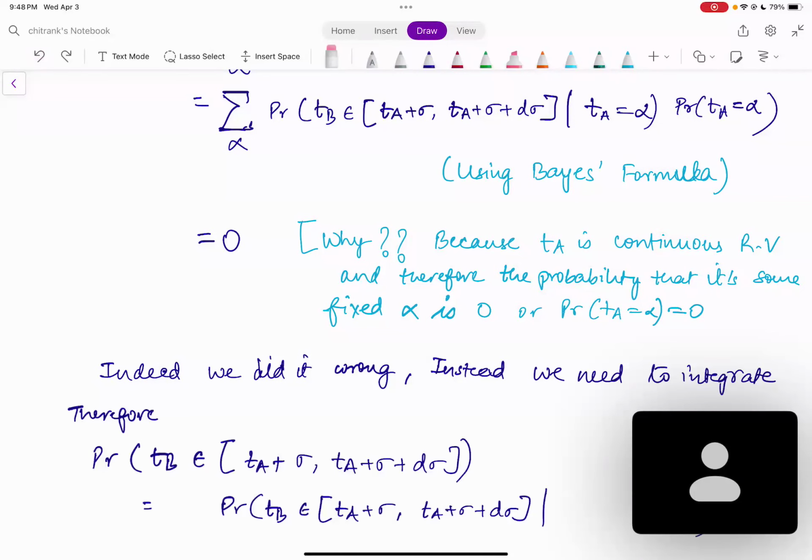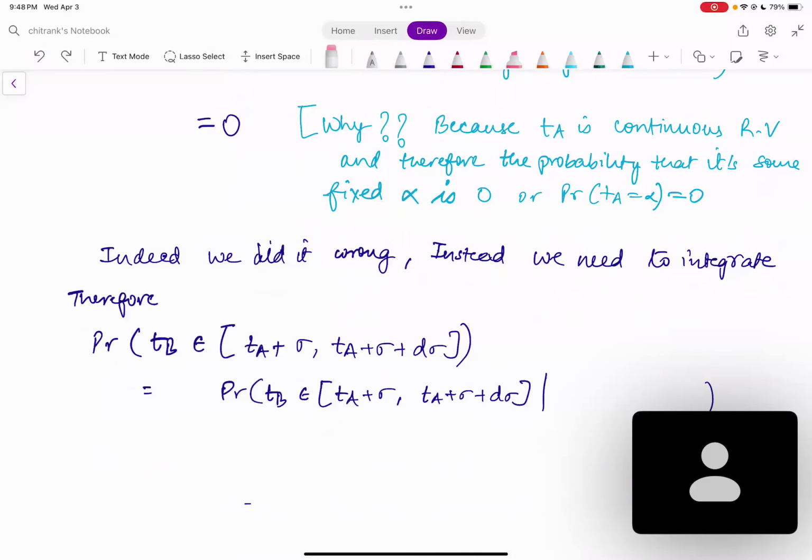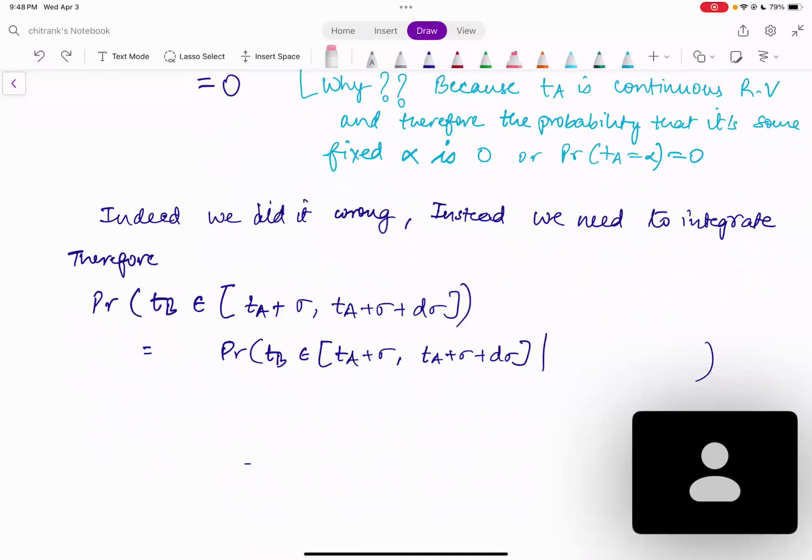All right, so coming back, the probability that we set out to solve was the probability that TB lies between TA plus sigma and TA plus sigma plus d sigma. Again, we want to use the marginalization trick. That trick will give us a summation over some joint probability, and that joint probability can be written as conditional times prior.